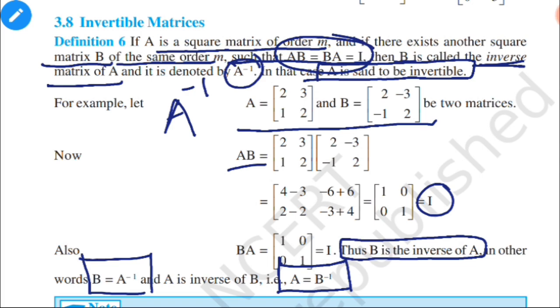If A is a square matrix of order M, then there exists another square matrix of the same order M such that AB equal to BA equal to I. Then B is called the inverse of A and A is called the inverse of B. Using notation we will write A inverse equal to B and B inverse equal to A.